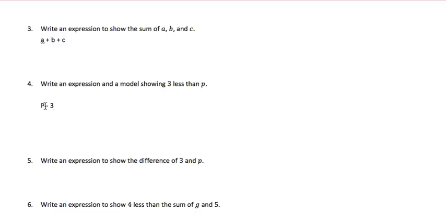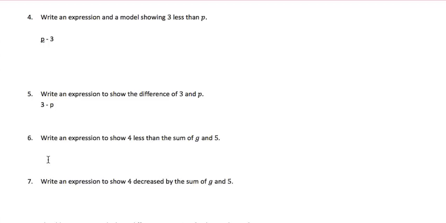And 3 less than p is p minus 3. An expression to show the difference of 3 and p. In this case, 3 comes first. The difference of 3 and p. The order matters in subtraction.